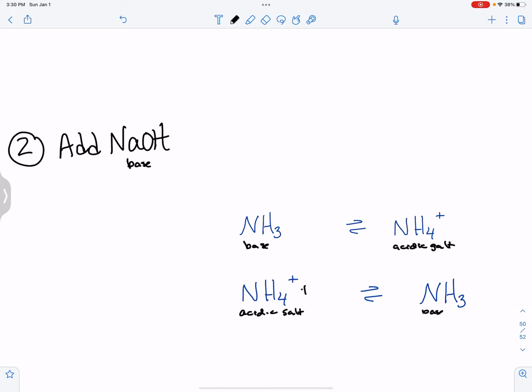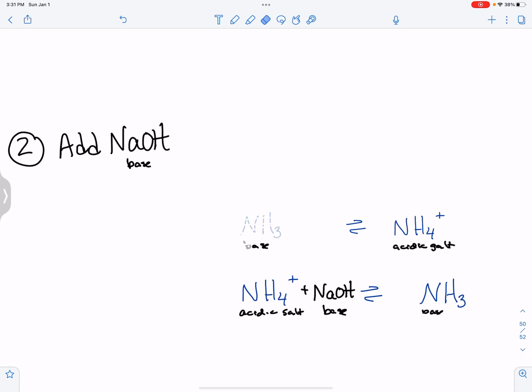Now, you don't always even have to write it as a reverse, but I'm doing it this way. What I'm trying to say is there's a few ways of solving these. You might be able to find them on the internet if you're trying to find some different ways. I don't want it to be confusing to you. But I like to write it as the reaction with whichever side you're trying to deal with. So notice that in this one, because this is a base, it's reacting with the NH3 part.